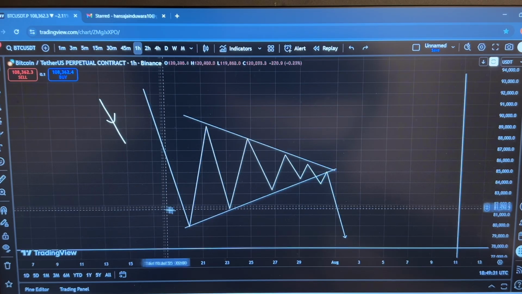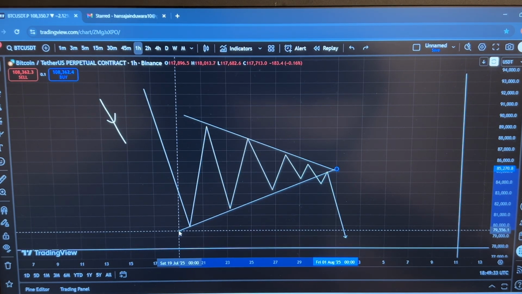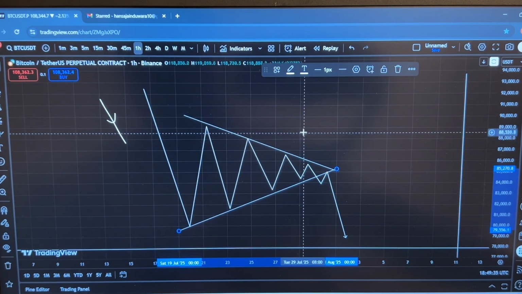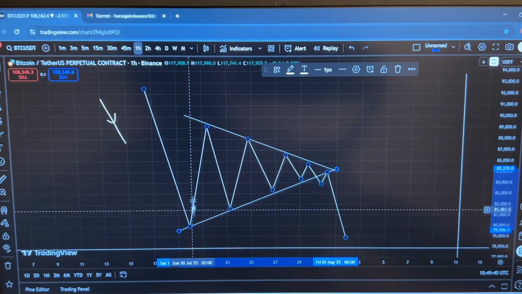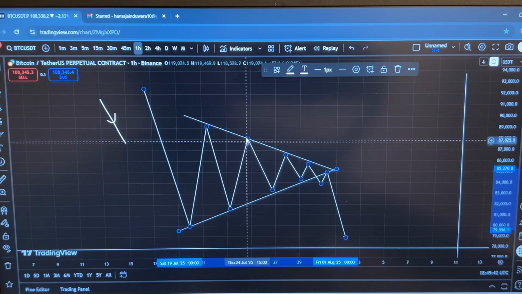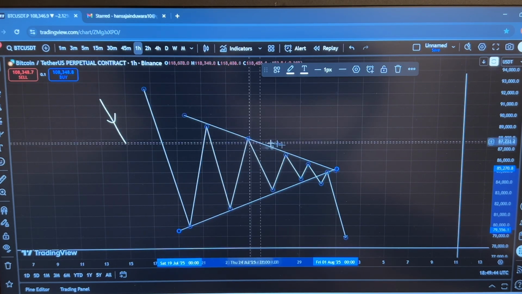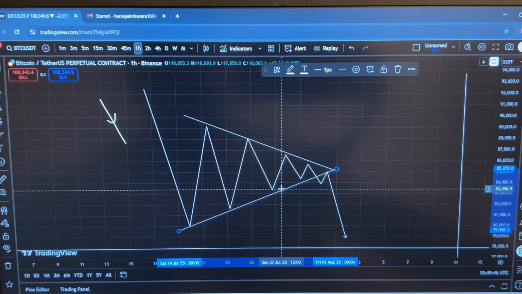But if we are actually talking about a downtrend, because this is bearish, and initially it was in a downtrend, and it made this symmetrical pattern, or else a bearish pennant pattern.